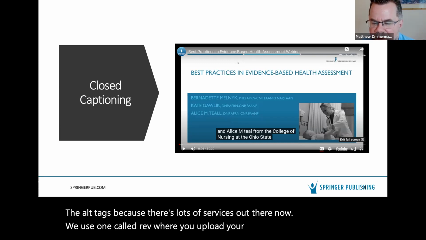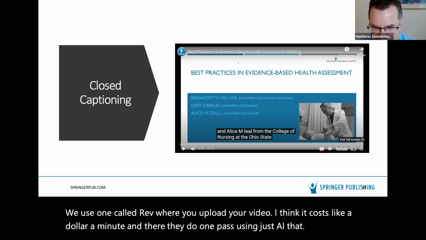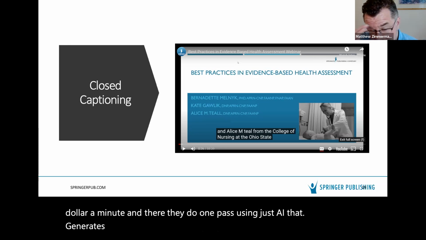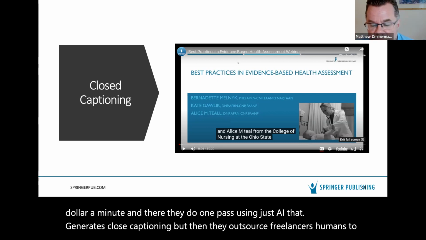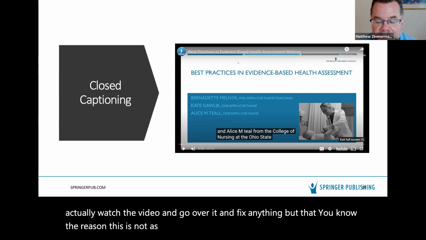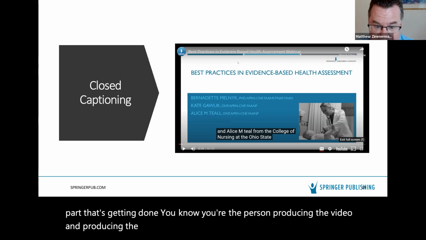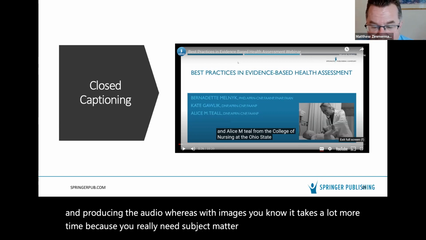I think it costs like $1 a minute, and they do one pass using just AI that generates closed captioning, but then they outsource freelancers, humans, to actually watch the video and go over it and fix anything. The reason this is not as expensive is because it's really just the technical part that's getting done. You're the person producing the video and producing the audio. Whereas with images, it takes a lot more time, because you really need subject matter experts who can write good captions.